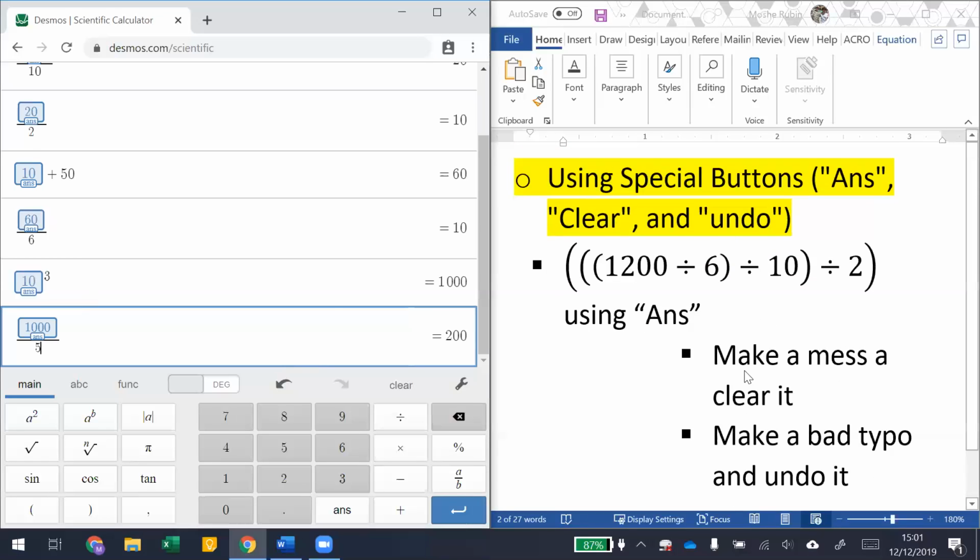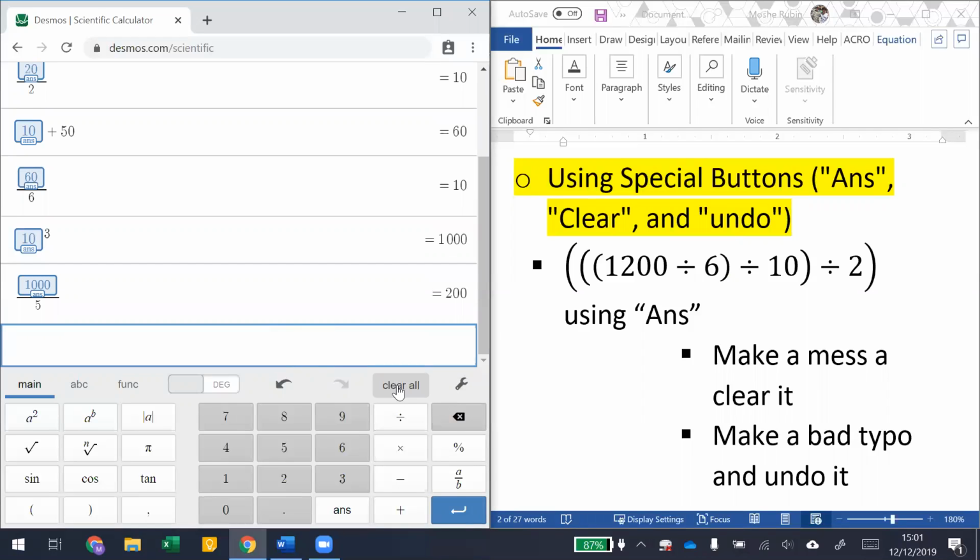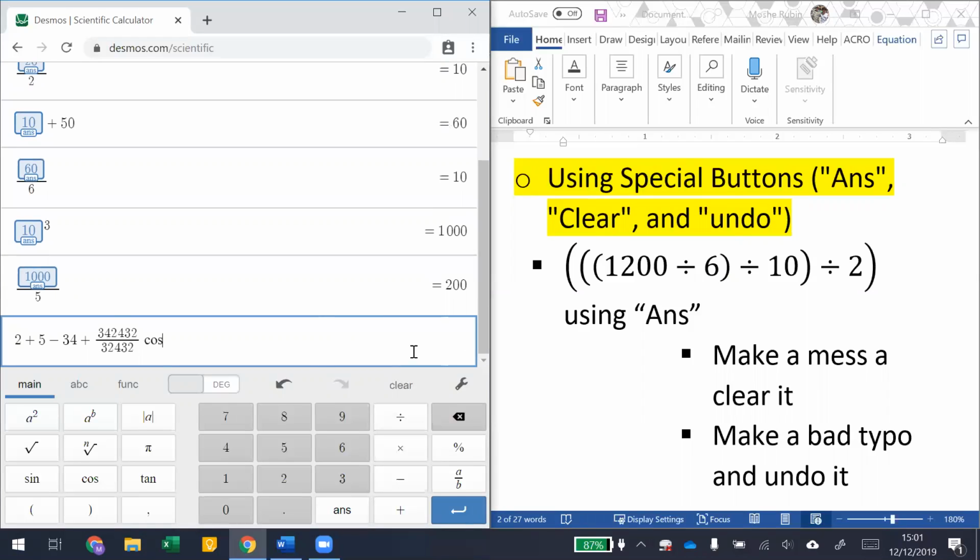Another button that's here is, like we saw before, my clear all button, which would clear all these lines off the screen for me. But another thing that I can do is, if I'm just typing in a box, in a line, and I made some bad typos and it's really become a mess, and I didn't mean to type all this, I have to start over.